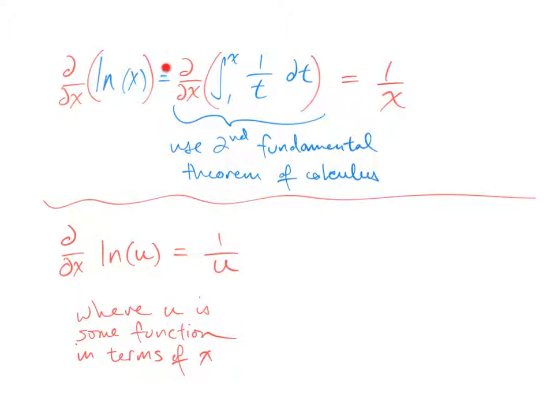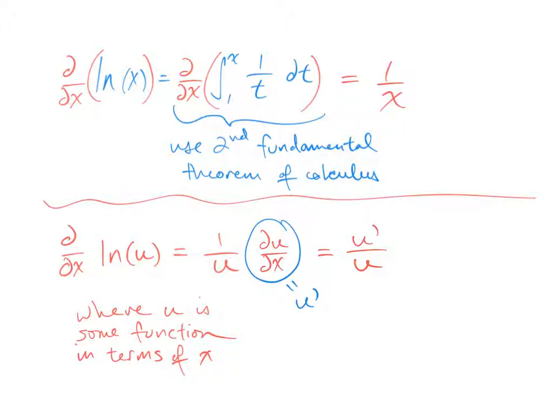The derivative with respect to x of natural log of x is 1 over x. So whatever's on the inside ends up in the denominator. But then we would have to take the derivative of this function u with respect to x. So that'll look something like this, du dx. But another way to write this portion is to call it u prime. So we can even write this simpler as u prime over u.